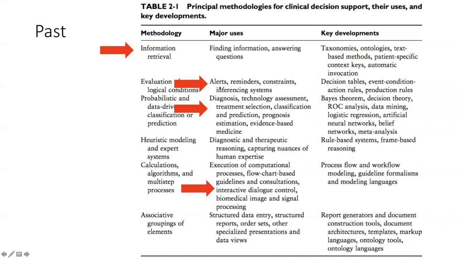I highlight a couple of things like alerts, reminders, diagnosis, information retrieval, image processing, and signal processing. Those are what we use a lot in clinical practice for the clinical decision support system, or you can call it computer aid or whatever.